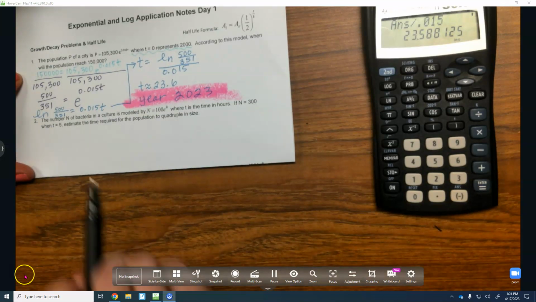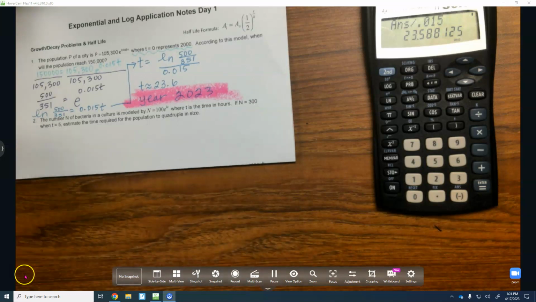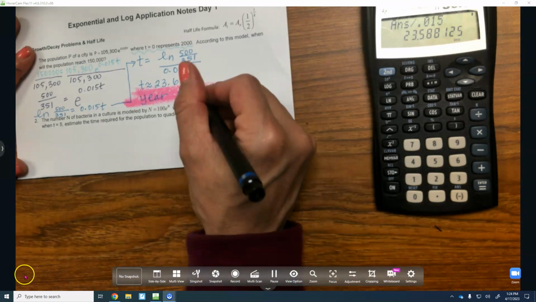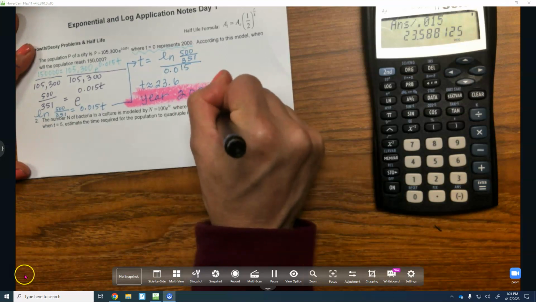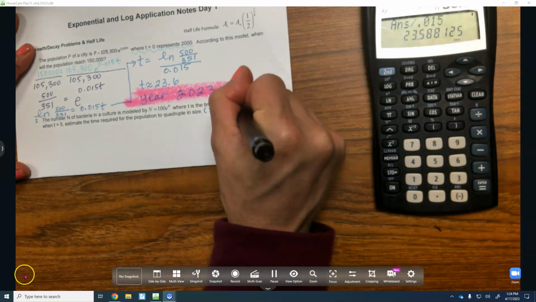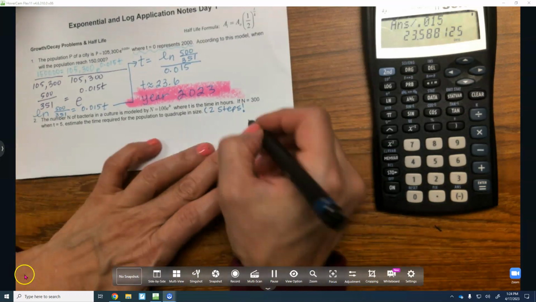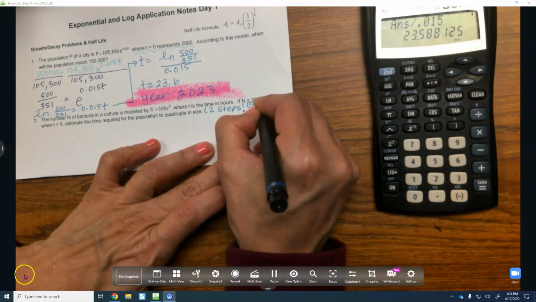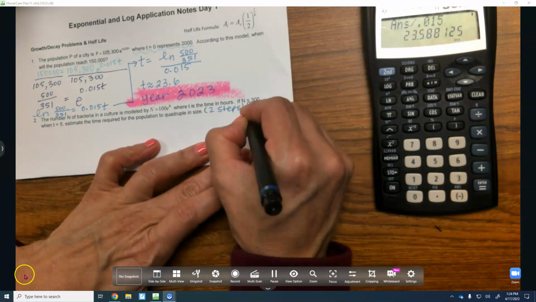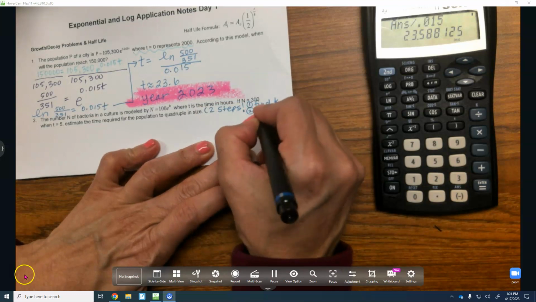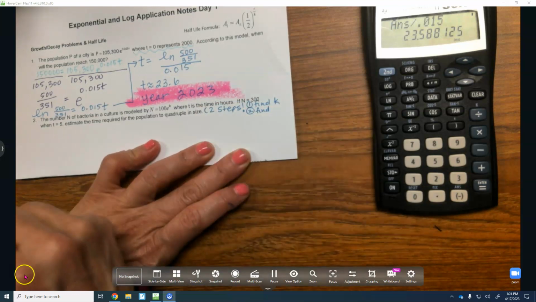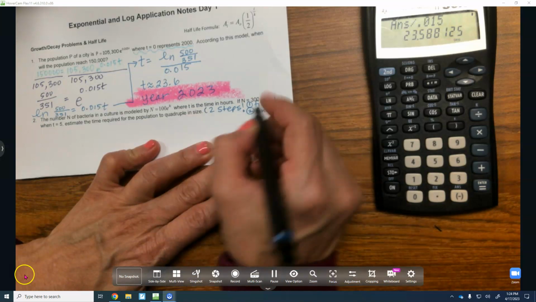What we're going to do is we're going to find the time required to quadruple its size. So guys, this is kind of a two-step problem here. This is definitely multiple steps. The first thing we're going to do is find K. Then we're going to find the new hours for that, which is denoted by T.